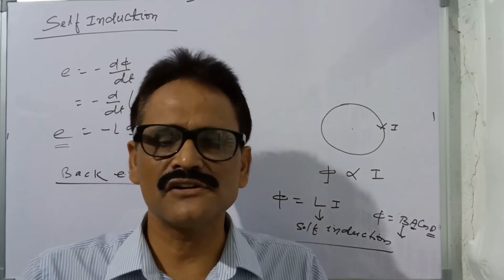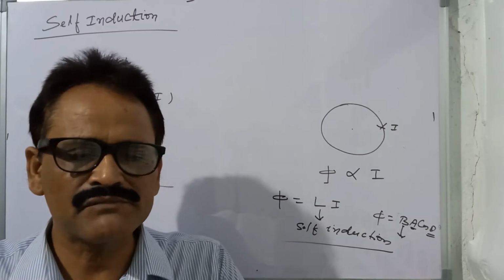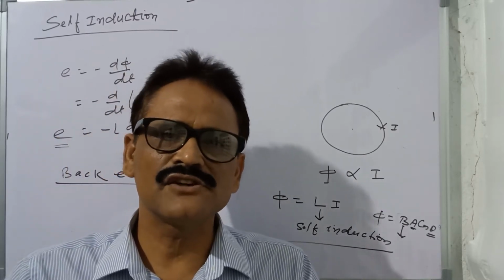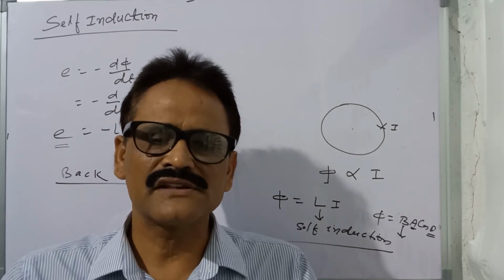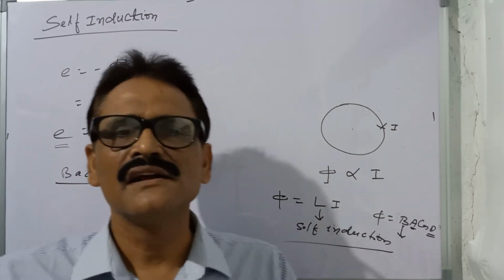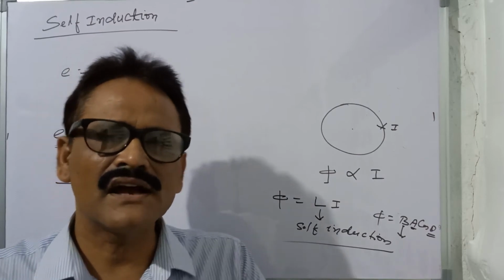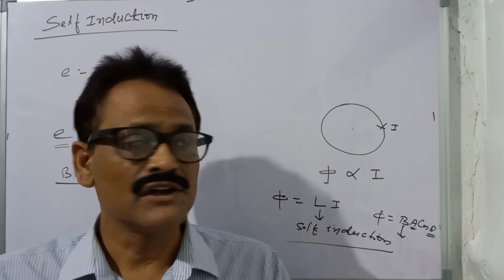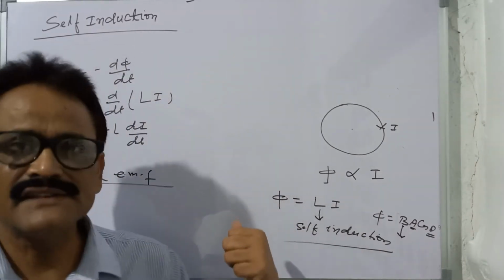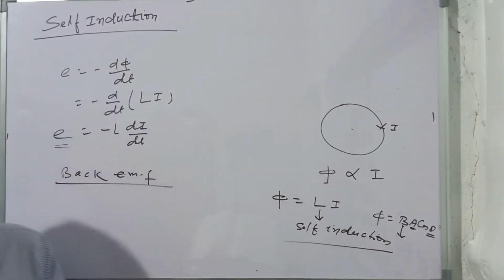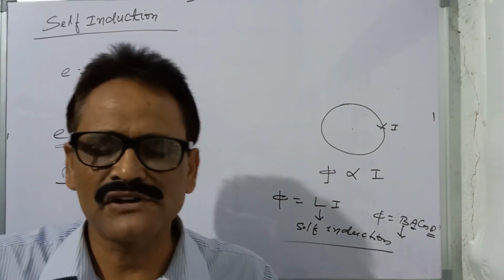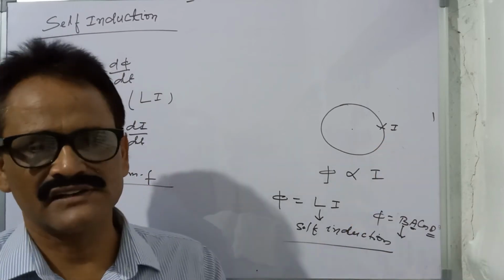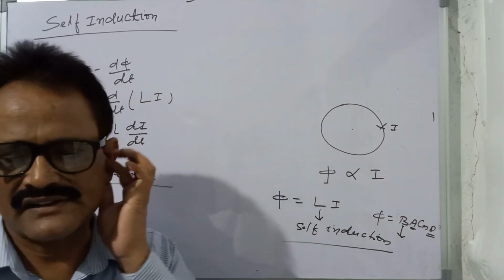This is Newton's first law of motion. अगर किसी बॉडी में एक प्रॉपर्टी है जो उसके चेंज ऑफ रेस्ट या चेंज ऑफ मोशन को अपोज करती है, उस प्रॉपर्टी को इनर्शिया कहते हैं, and this is mechanical inertia, and that mechanical inertia depends on the mass of the body. So here you can say that this L is the electrical inertia, because it will oppose the change in the electric current.